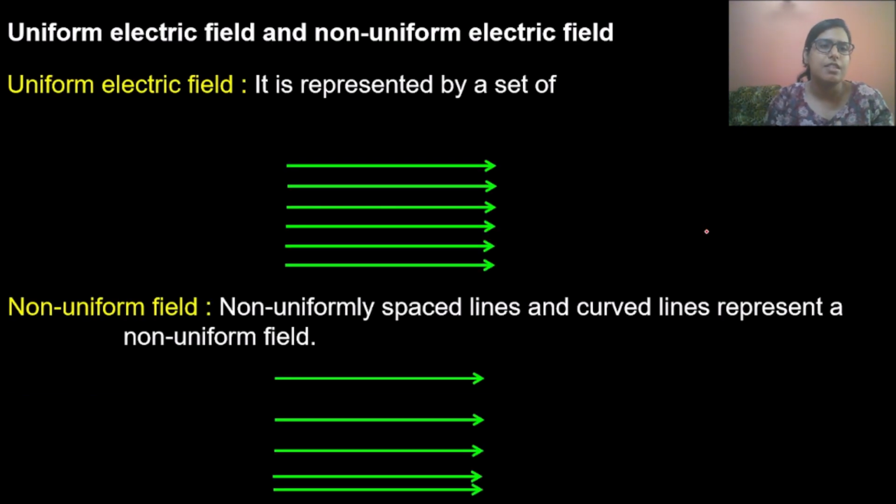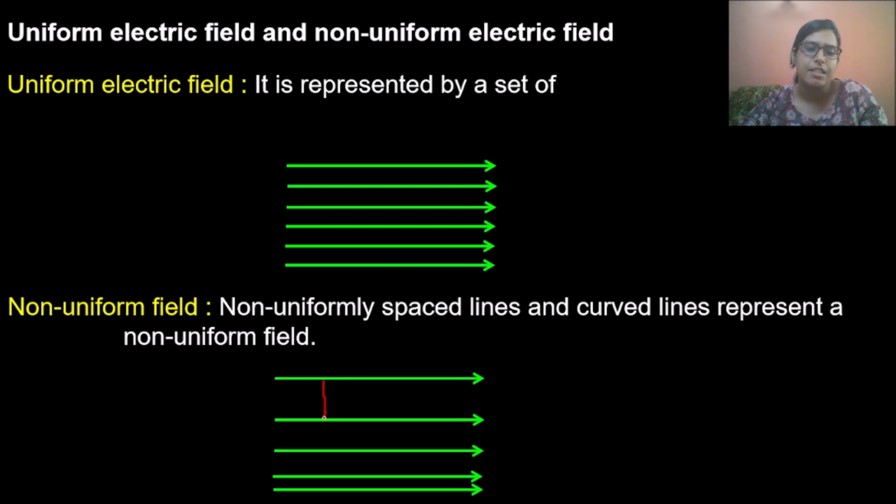First we will see what a uniform electric field is and what a non-uniform electric field is. A uniform electric field is represented by parallel lines, and those parallel lines are placed at the same distance. For a non-uniform field, whenever we solve a question or draw lines, we will draw like this. Field lines can be curved lines also, and the field is at different distances.